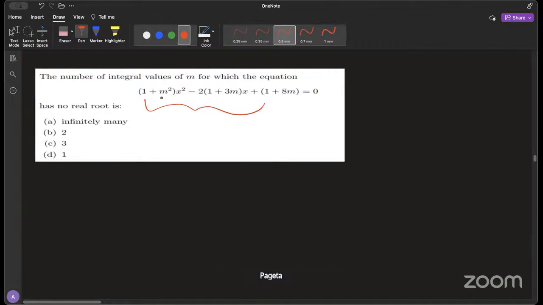Treat m as an arbitrary constant. So this is a quadratic function in x, where x is the variable and m is some constant only. Quadratic function in x means quadratic function in variable x.